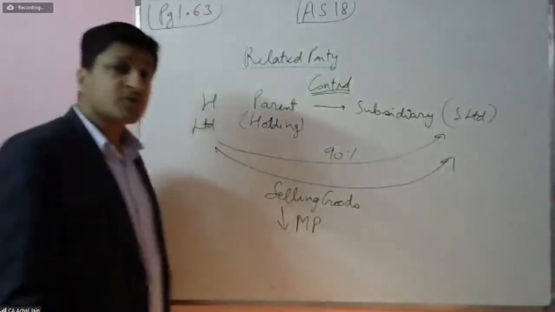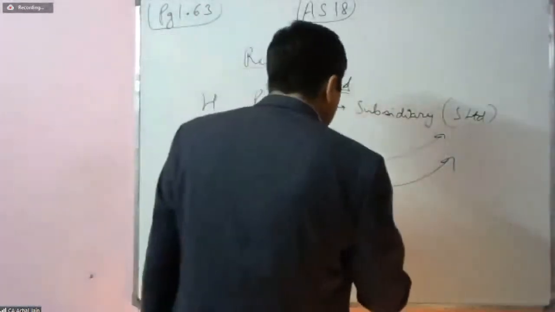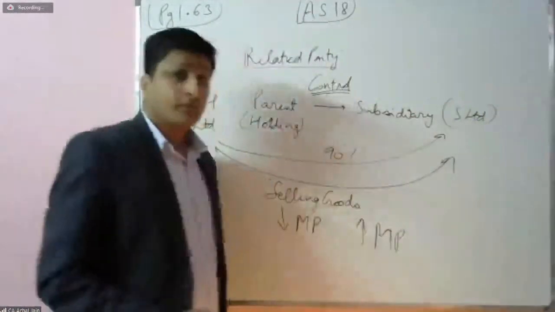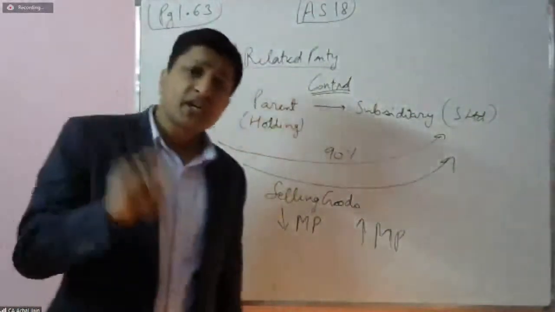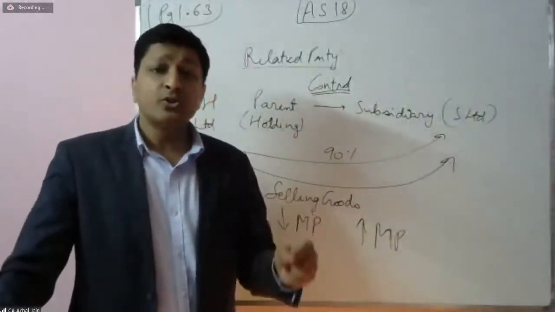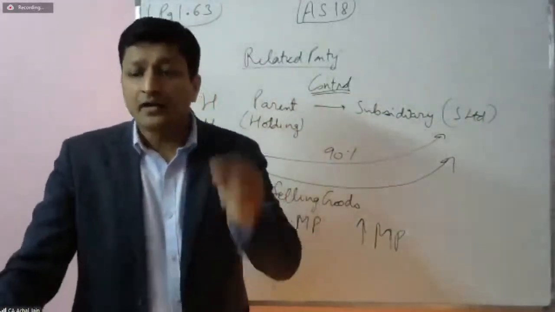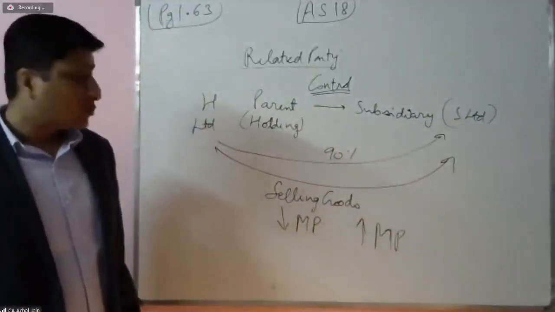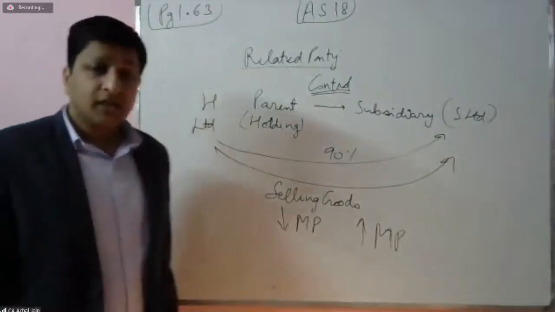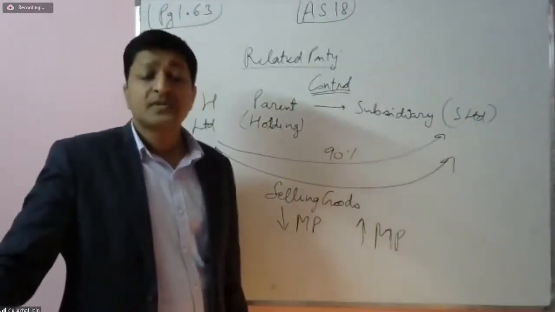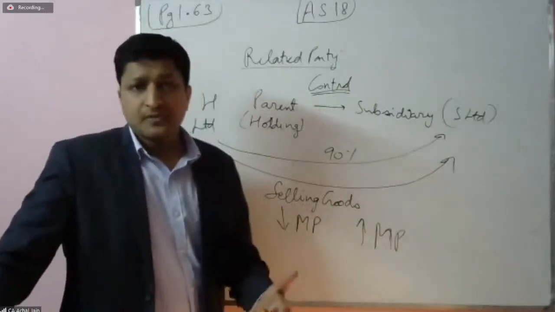Or the goods which are sold are above market price. When such a situation arises, wherein the transaction is not taking place at the market price, that is also called as the transaction is not taking place at arm's length. Arm's length means market price.